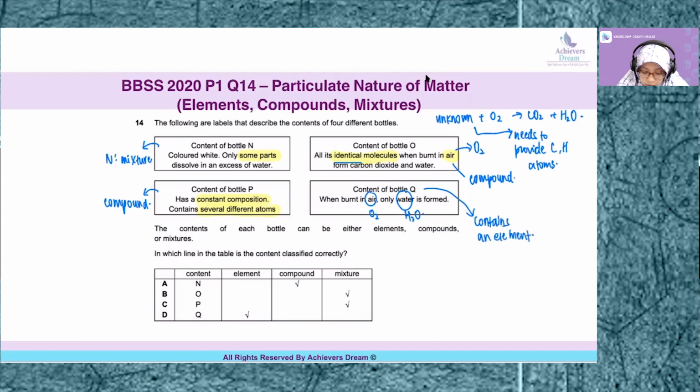So, in which line in the table is the content classified correctly? We have already concluded the type of substance that is present in the different bottles. Hence, the answer for this question is D. The content in bottle Q is an element. The rest are wrong, they are not classified correctly.